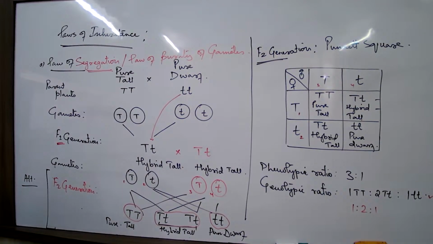2. To obtain F2 generation plants. Full stop. Now you write sub-question A. Which trait is dominant?